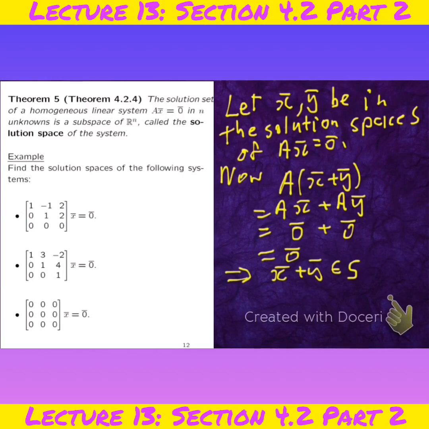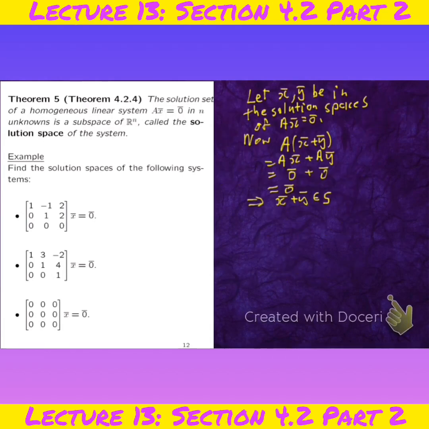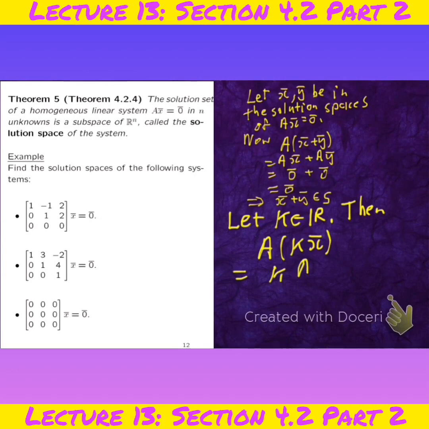And what happens with scalar multiplication? So we can take a scalar k. It can be a real number. Then if you take the k multiple of x, we know from vector multiplication, what's that going to be? That's going to be the scalar times A x bar. We know x bar is in the solution space, so that's going to be k times the 0 vector, which is going to be the 0 vector.